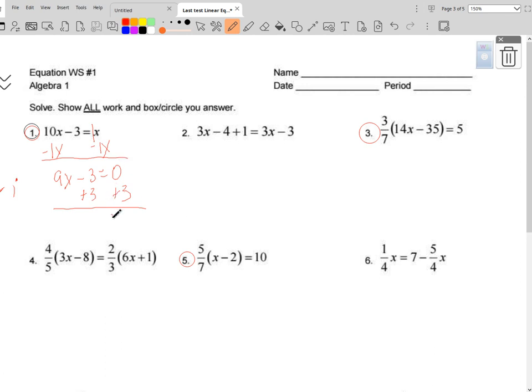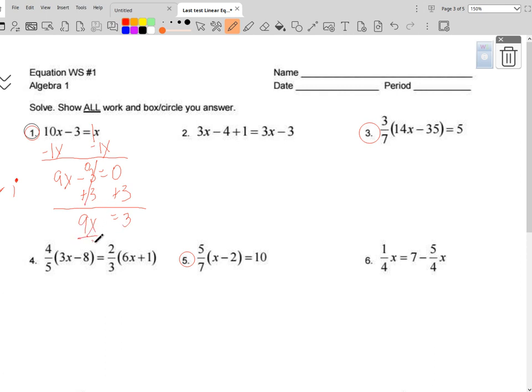Okay, so now we've got equals 3 over here. Negative 3 plus 3 simplifies to 0, which we wanted, because we're trying to get our x by itself. So we've already undone the subtraction by adding. Now we're going to undo the multiplying by what? Dividing. We're always starting on the side of the variable.